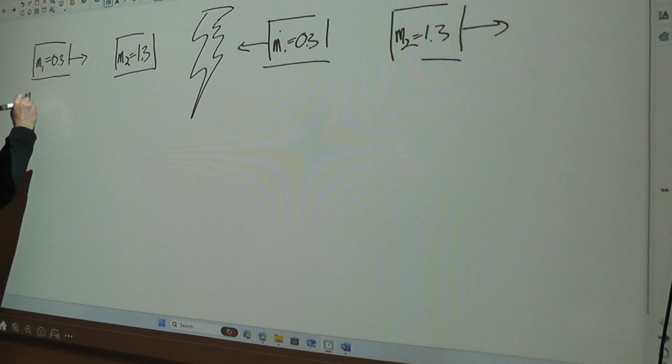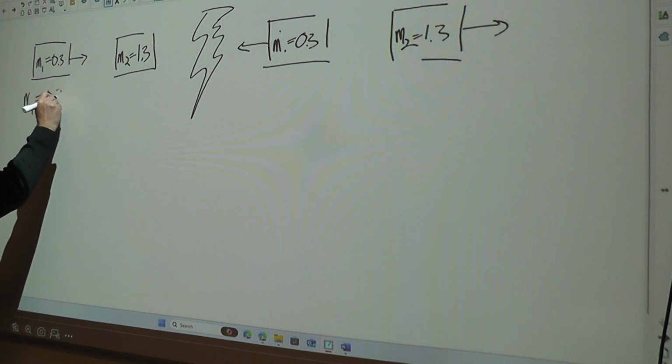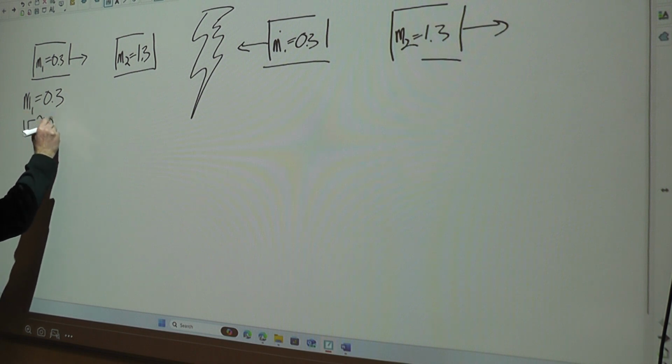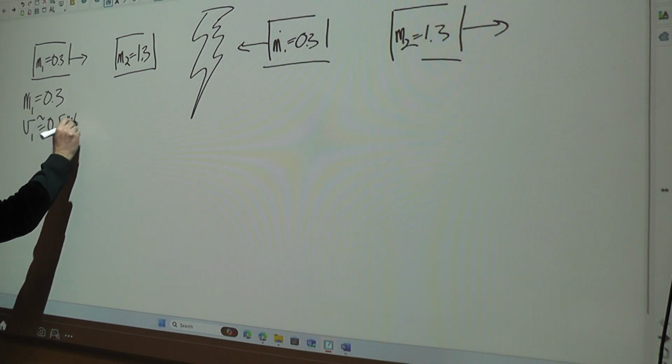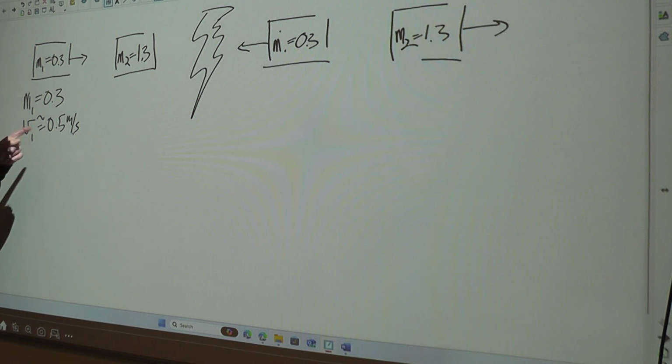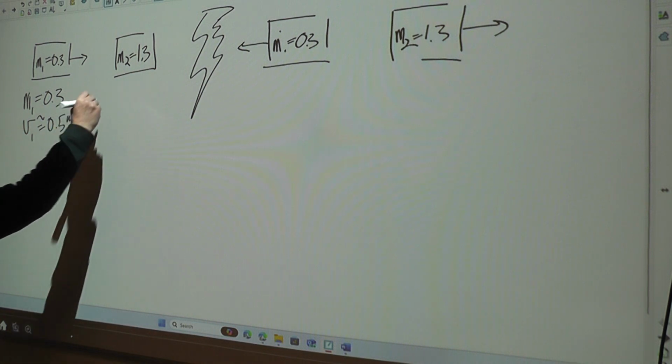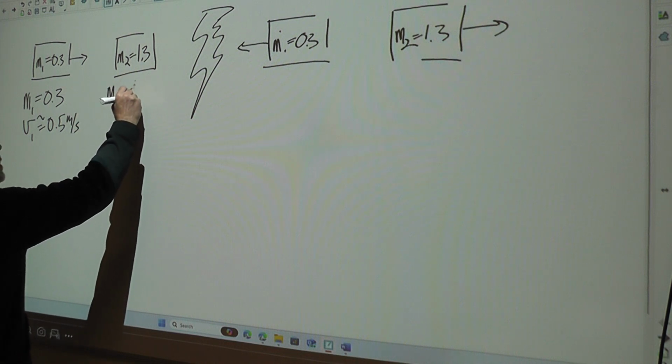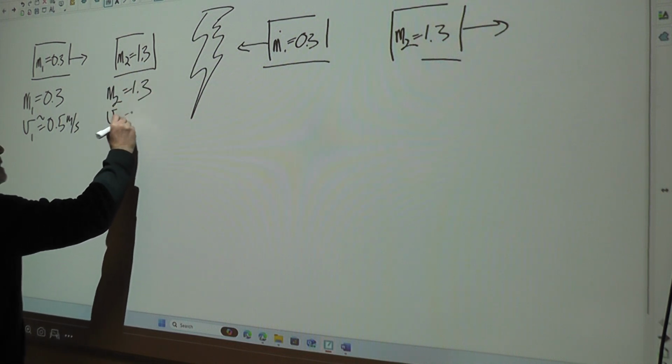So my initial cart mass is 0.3, my initial cart 1 velocity is about 0.5 meters per second. And I'm going to revisit this because when I actually do this, this isn't going to be right. My mass 2 is 1.3, its initial velocity is 0.